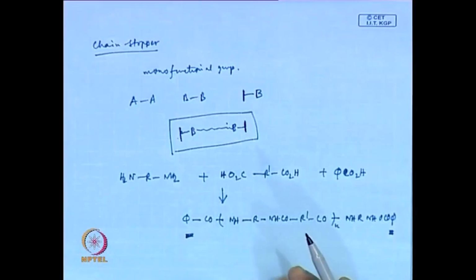Okay. So, it is always done, and industrially also it is done, either by taking one of the bifunctional or polyfunctional monomers in excess, or a monofunctional monomer, which is termed a chain stopper, added externally, so that we can control the chain length target.